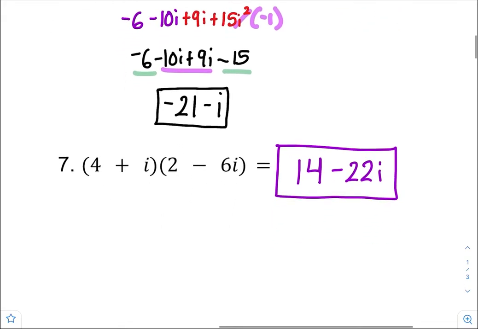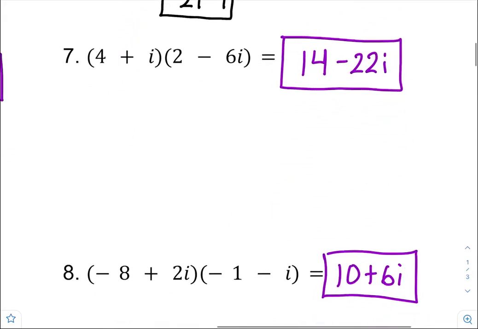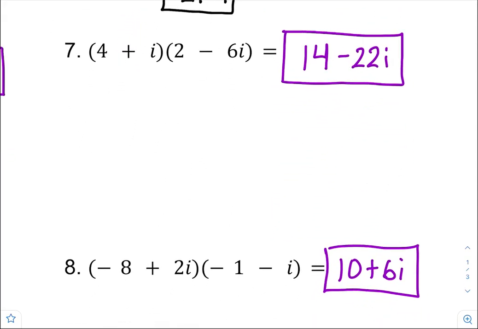Okay, number 7. So for number 7, we are going to do a double distribution. So 4 times 2 is 8. 4 times negative 6i is negative 24i. i times 2 is 2i.